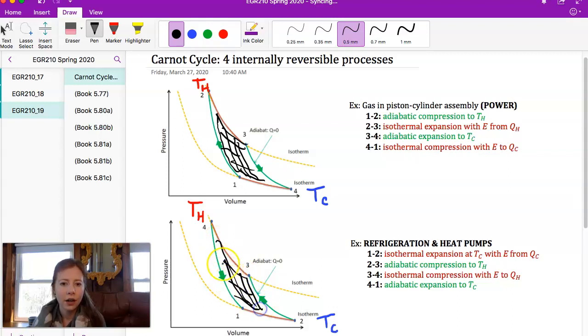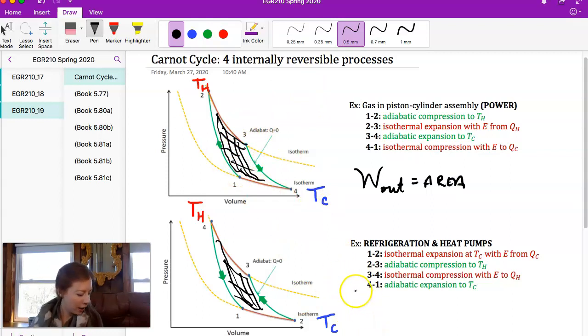What happens if we integrate PdV, for example? We get work. For the power cycle, work out is the area within the cycle. And for the refrigeration and heat pump cycles, W net is the area. So just keep that in mind.